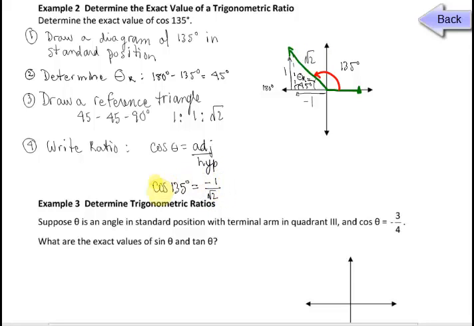Okay, and take a look. Your cos of 135 is a negative trig ratio, which you would expect because if you recall CAST, in the second quadrant it's only sine that's positive, and so you would expect your cosine to be a negative value. Okay, and that's the end of example number 2.